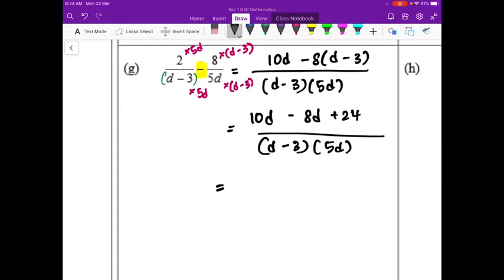Numerator will be 2d plus 24. Then put a 5d in front of d minus 3. And that's it. There are no more common factors that we can remove.